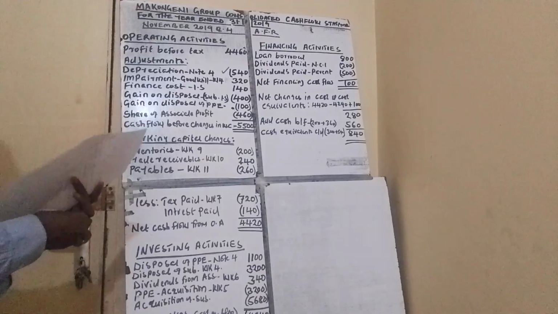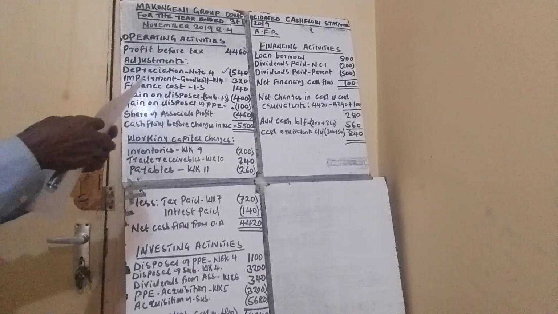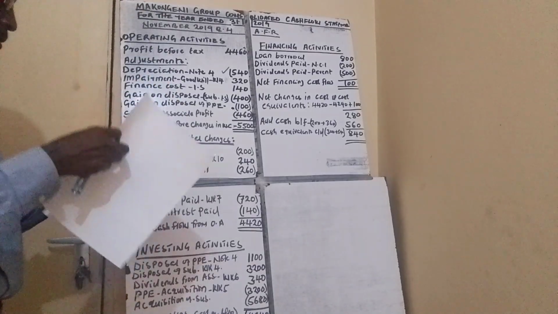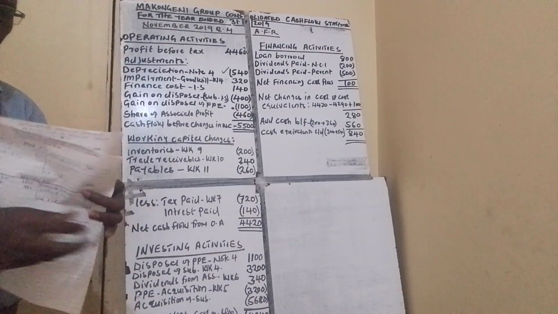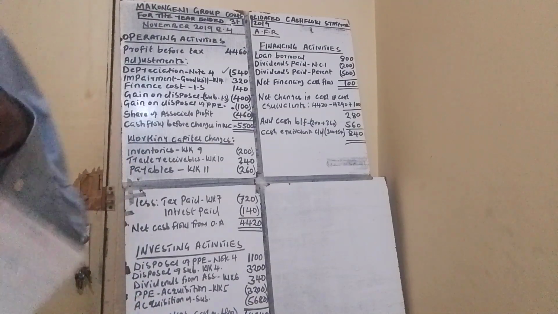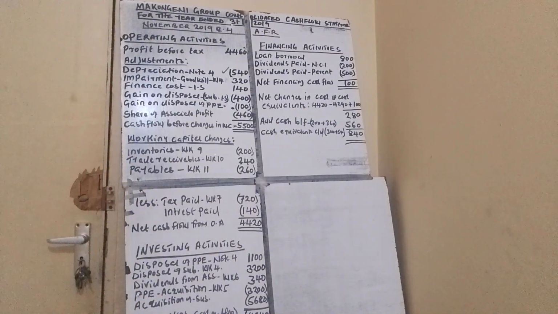How did we arrive at 320? That is our working number 4. So I was referring you to working number 4. Why was our impairment 320? How did we arrive at that? So the first thing that you do is to bring down the balances accordingly.